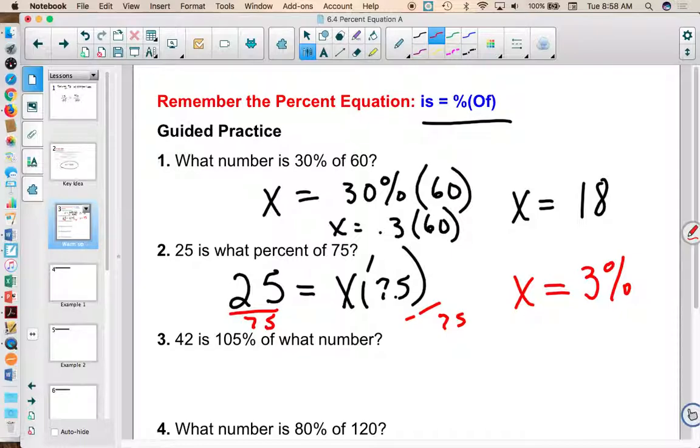Because now, 25 is 3% of 75. Yes, ma'am. It was a repeating decimal? Yeah, then you are correct. It's 3 1/3%. Don't drop the repeat off. Good job. 3 1/3%.